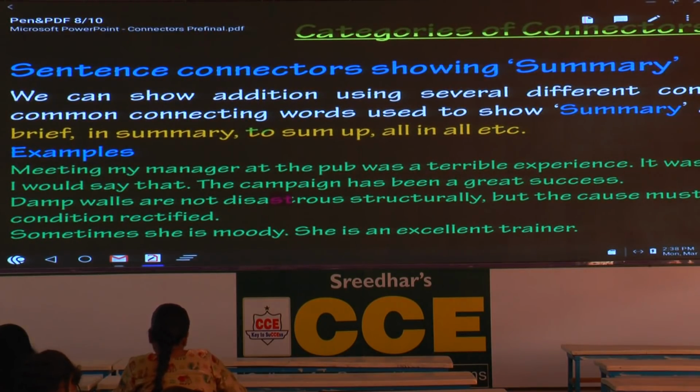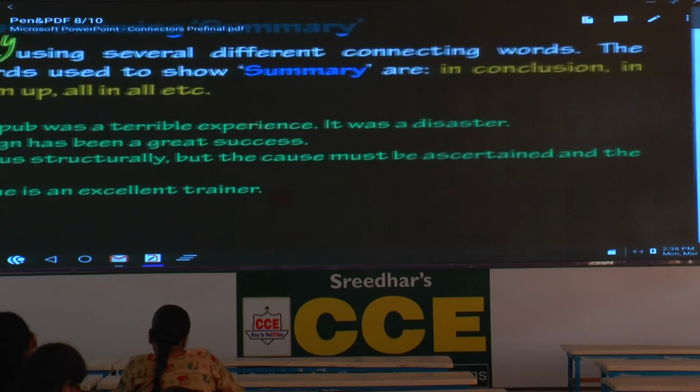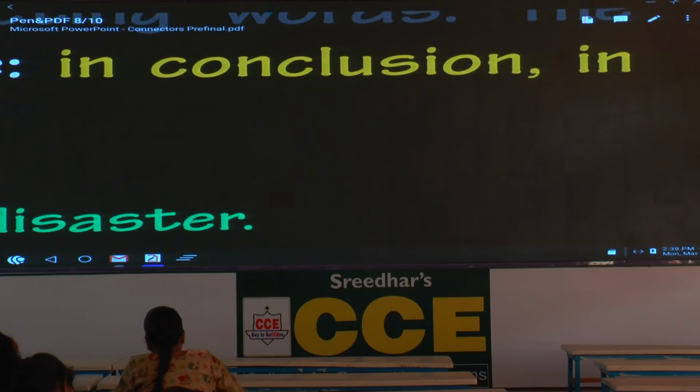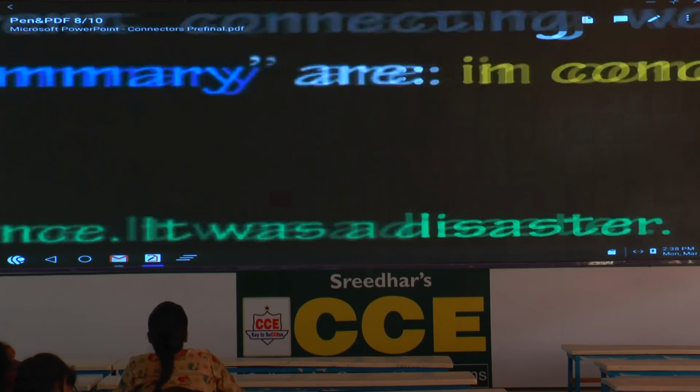Sentence connectors showing summary. So what are the words? In conclusion. Please write the first one. In conclusion. The second one.